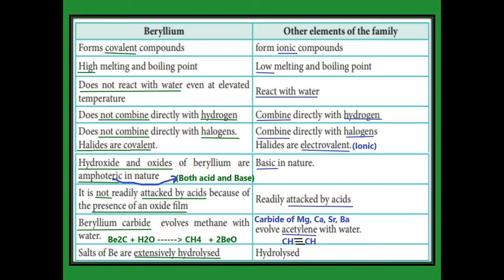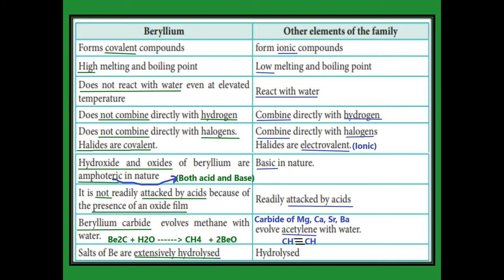What does amphoteric mean? It acts as both an acid and a base, so it has both acid character as well as base character. But the hydroxides and oxides of the other alkaline earth metals are basic in nature, and beryllium is not readily attacked by acid because it forms a film. That film is an oxide film.